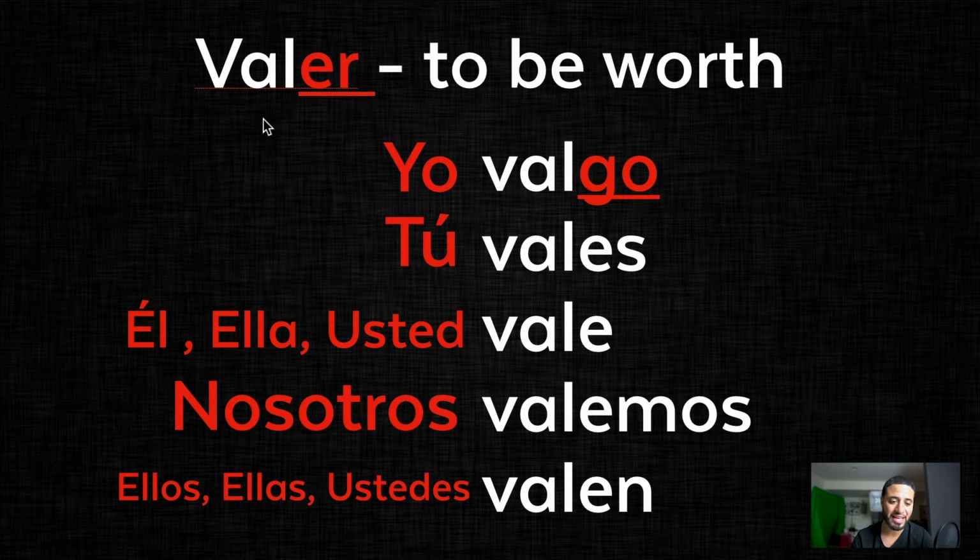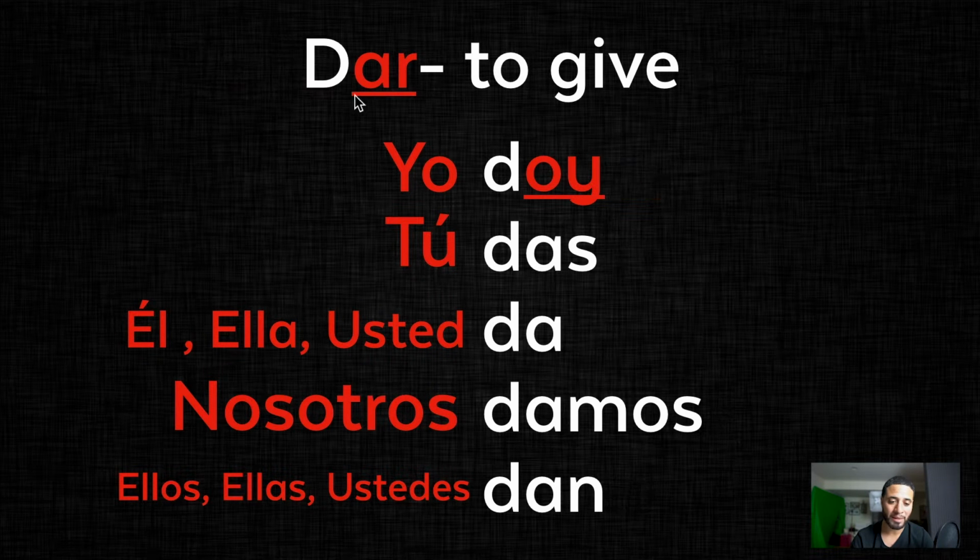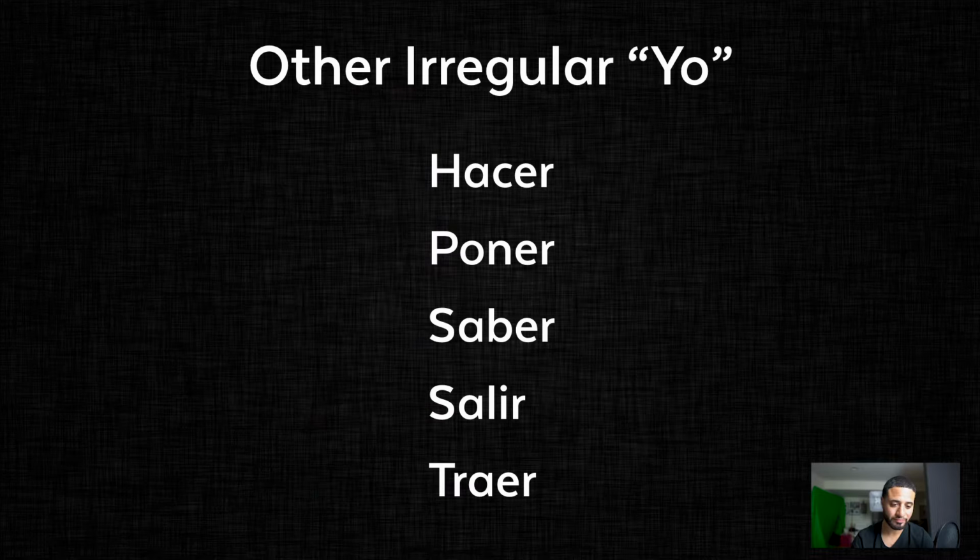Another example of this is valer, yo valgo. Everything else stays the same. Vales, vale, valemos, valen. We have dar, to give, yo doy. Everything else stays the same. Tú das, usted da, nosotros damos, dan, okay? So here are some other irregular yo verbs.